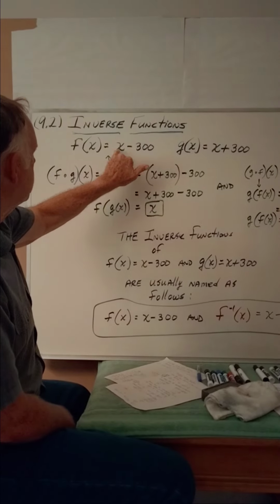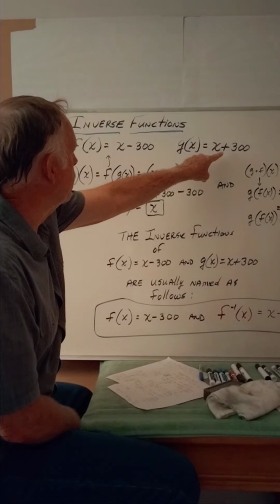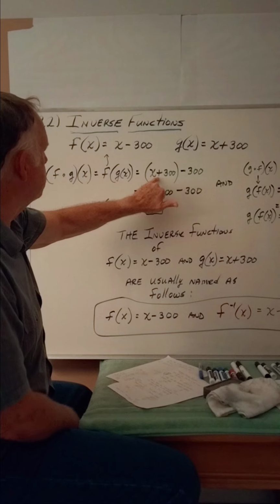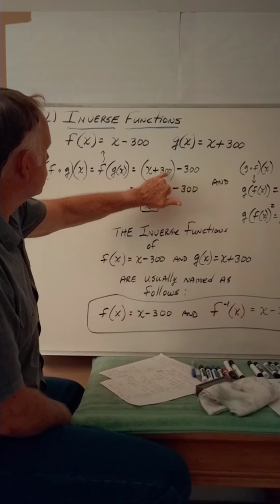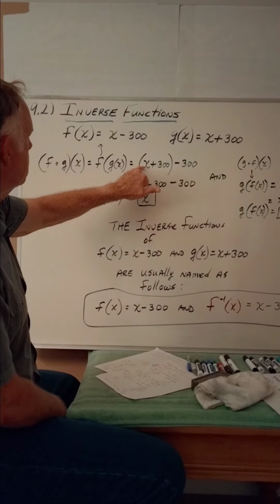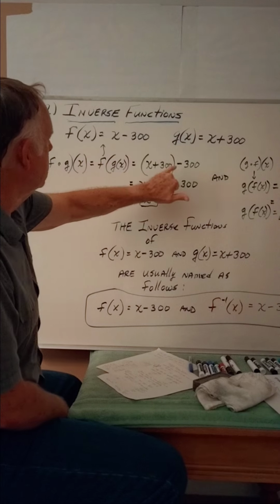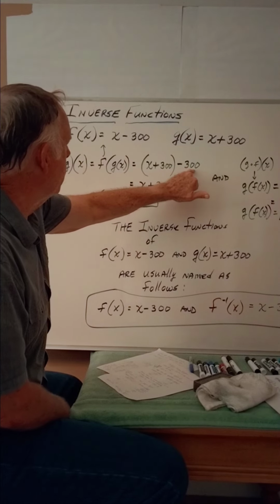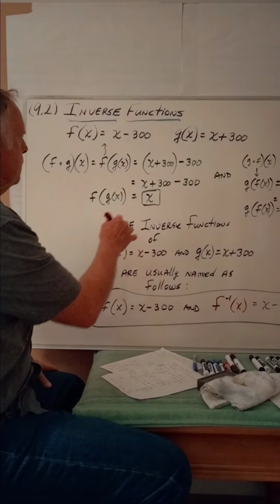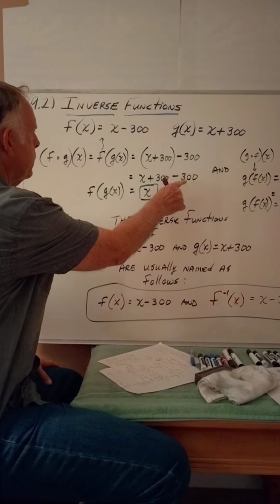And now in place of x, we're going to put the output of function g, x plus 300. So 300 has been added to the original amount. But then as we finish the writing out of function f, we're going to take 300 away. Let's do the mathematics. x plus 300 minus 300.